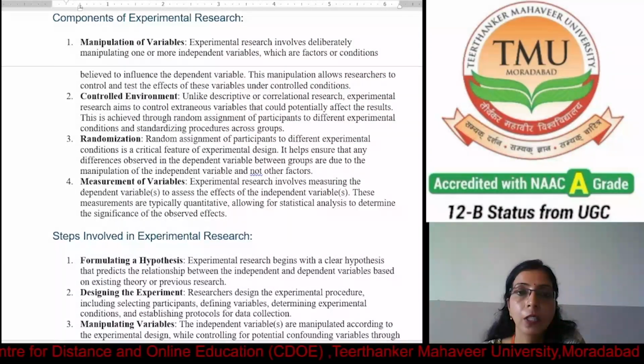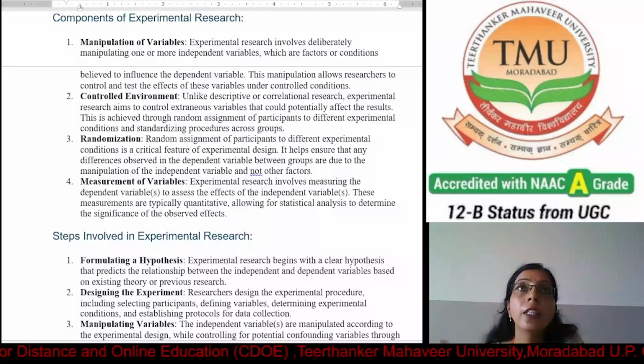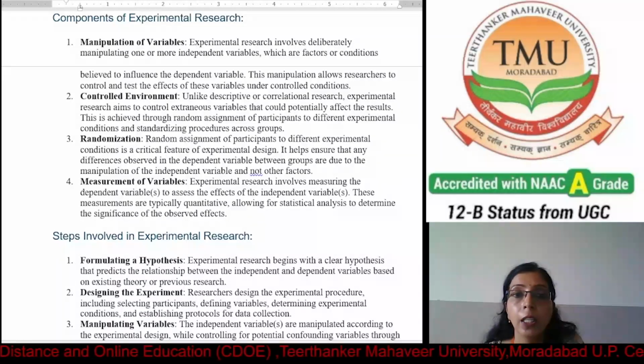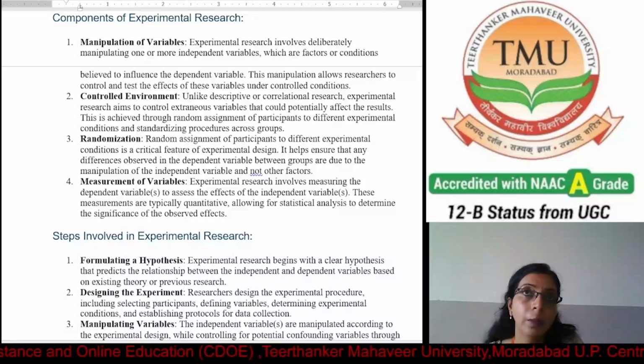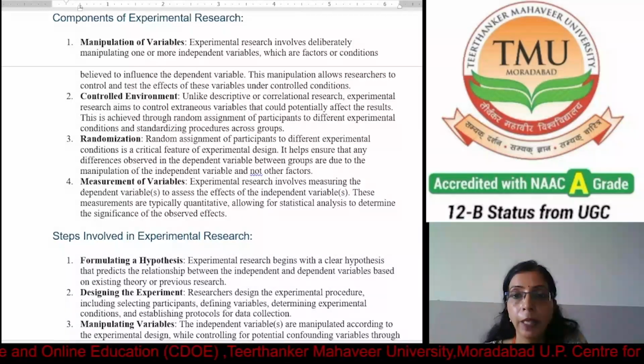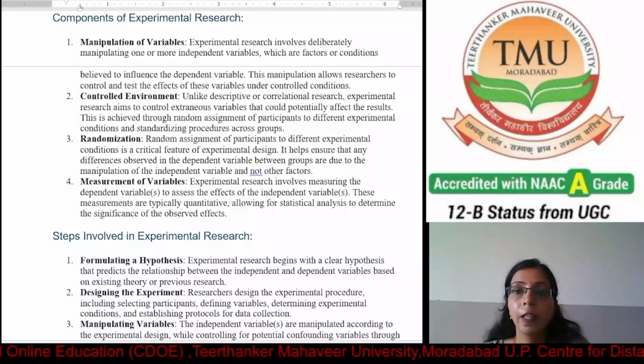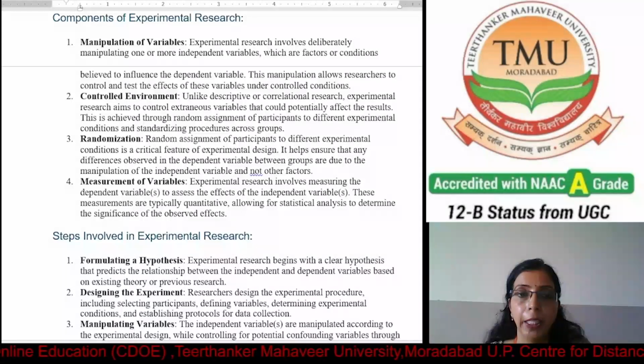If the characteristics of both populations are similar, the researcher can generalize the result more confidently.